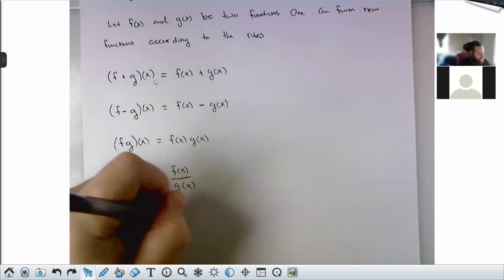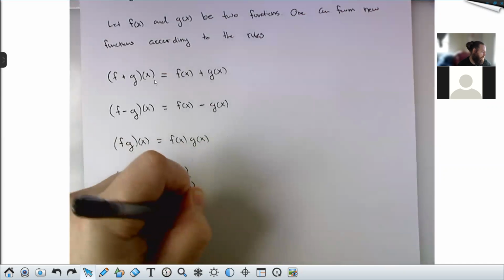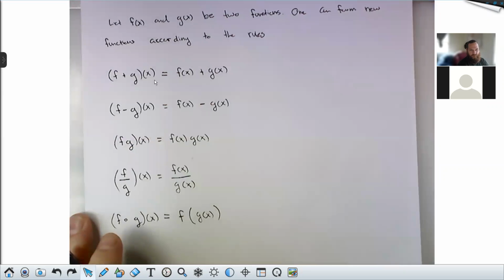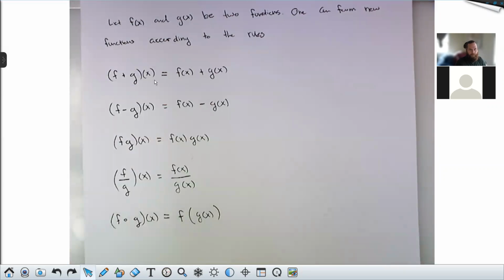That's what you get when you plug the function g into the function f. So these are the rules.